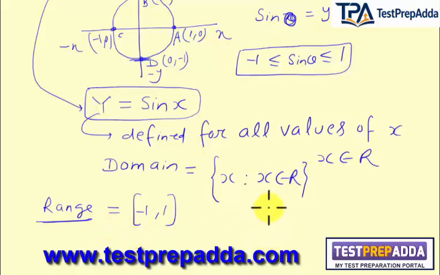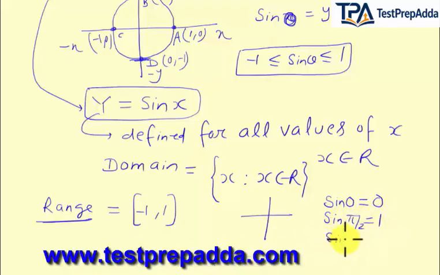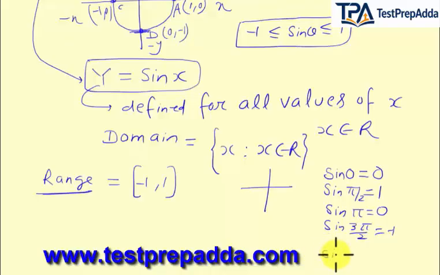Now, if you check carefully, at 0 radian, sine 0 is 0, sine pi by 2 is 1, sine pi is 0, sine 3 pi by 2 is minus 1, and then sine 2 pi is 0.